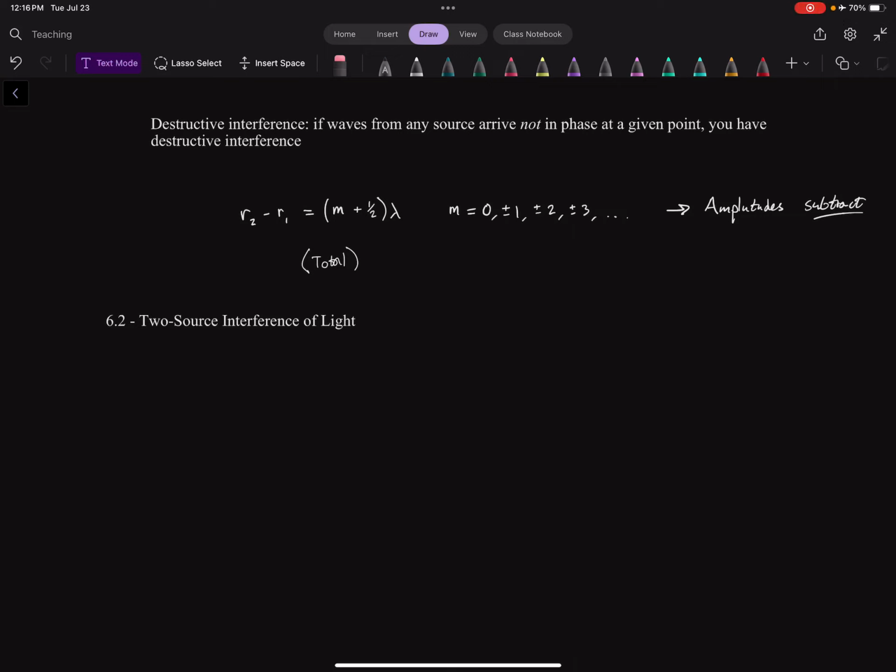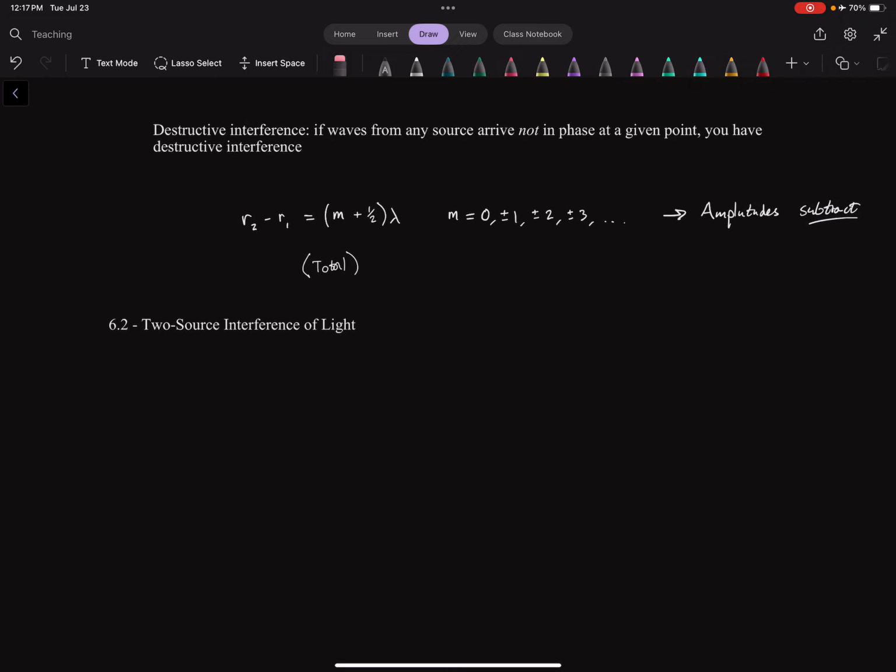All right, so one of the famous experiments in physics, the first experiment that revealed interference of light, was performed in 1800 by Thomas Young. It involved this double slit experiment. So we start with monochromatic light.